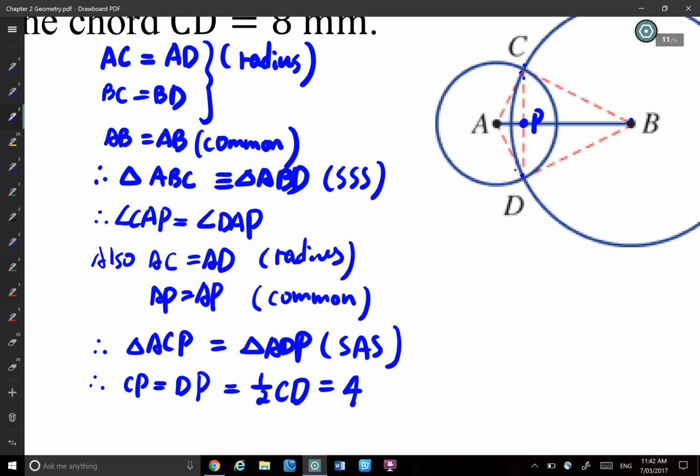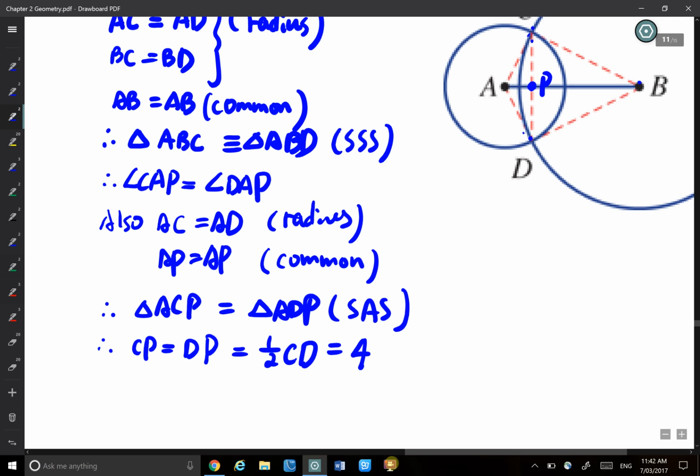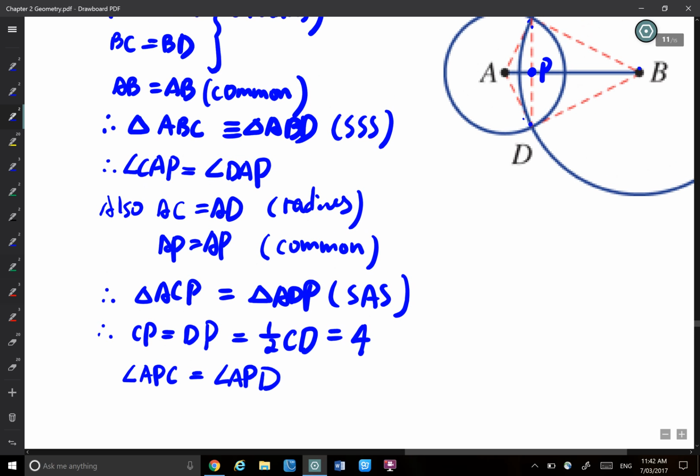So CP equals DP equals 4. And also angle APC equals angle APD, the corresponding angles must be equal.